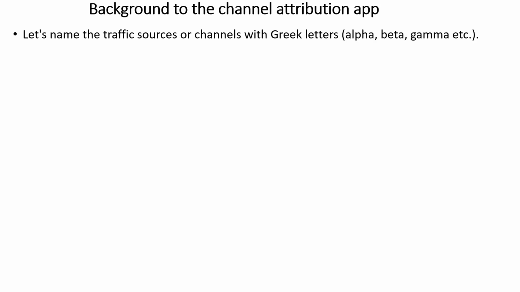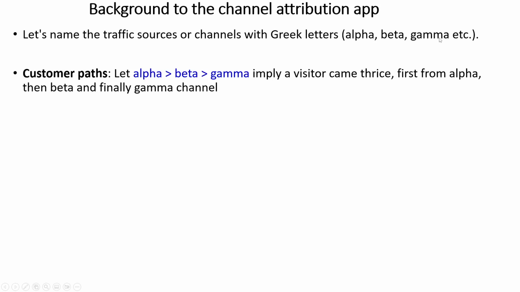Now, I'm going to reuse a slide which was shown before, but there it is. What are these things, these paths and so on? Imagine traffic sources or channels labeled with Greek letters: alpha, beta, gamma, etc. So, a customer path, for instance, alpha leading to gamma, leading to beta, leading to gamma, implies a visitor came thrice, first from alpha, then from beta, and then from gamma.